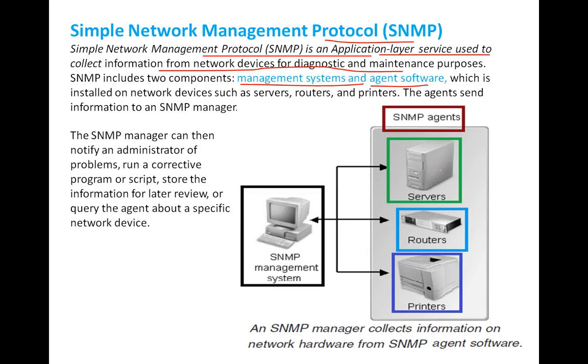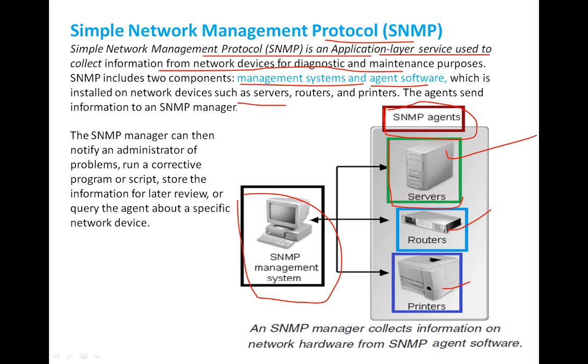So let me show you what it means. This is the SNMP management system, and this is a server with an agent here, and this is a router, and this is a printer. The agent is installed on network devices such as routers, switches, and printers.